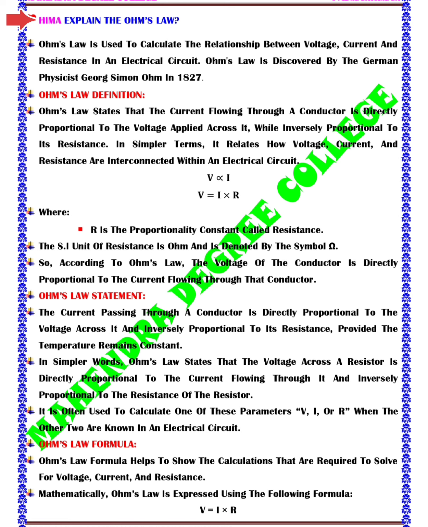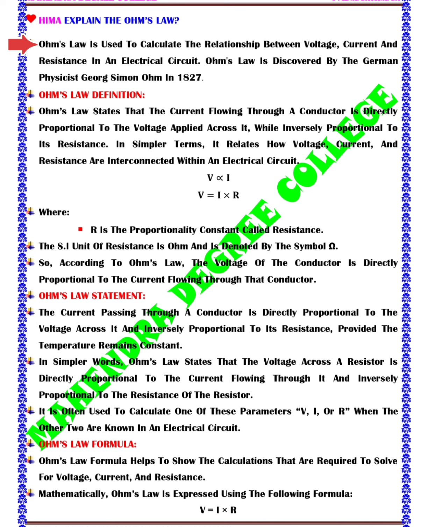Ohm's law was given by German physicist Georg Simon Ohm. It states the relationship between current, resistance, and voltage across an electrical circuit. This relationship between current I, voltage V, and resistance R was given by the famous German scientist Georg Simon Ohm in 1827.